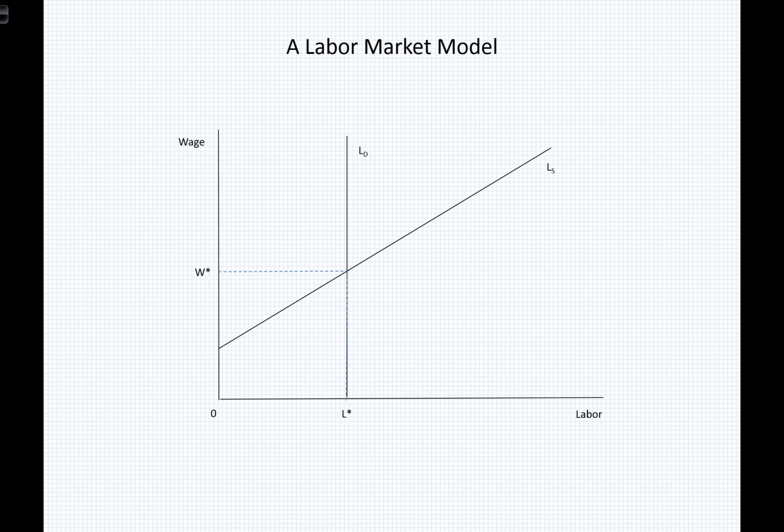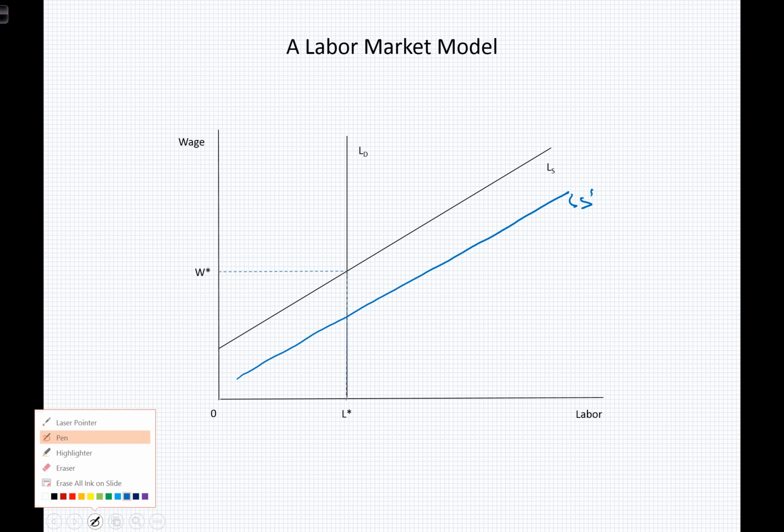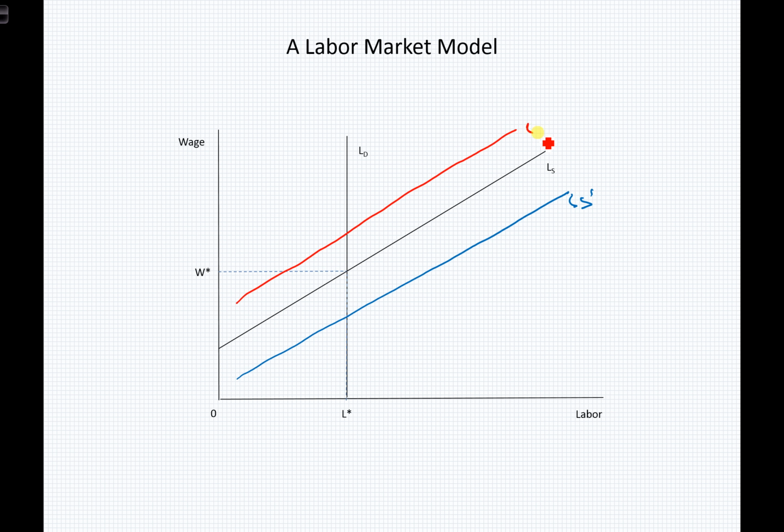Commonly, regardless of what happens to labor supply, if it comes out and to the right, or if it shifted in and to the left, as I've shown here, then the number of workers required by firms in this market hasn't changed, but we see that the equilibrium or market clearing wages have either increased or decreased.